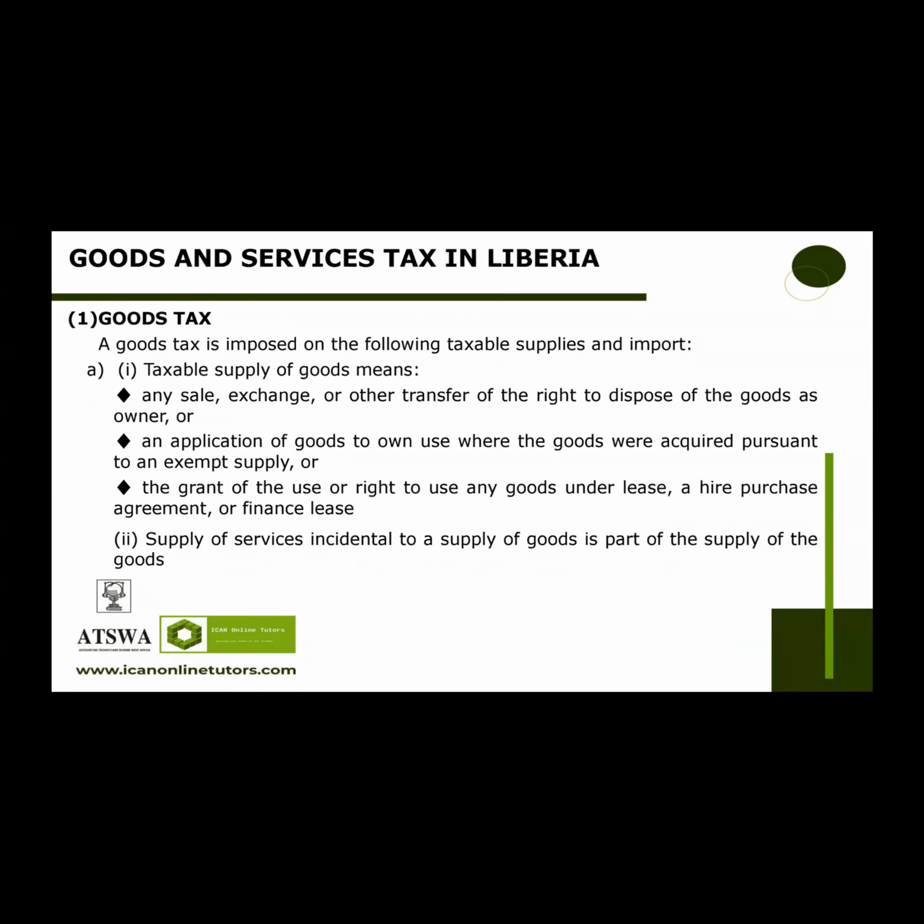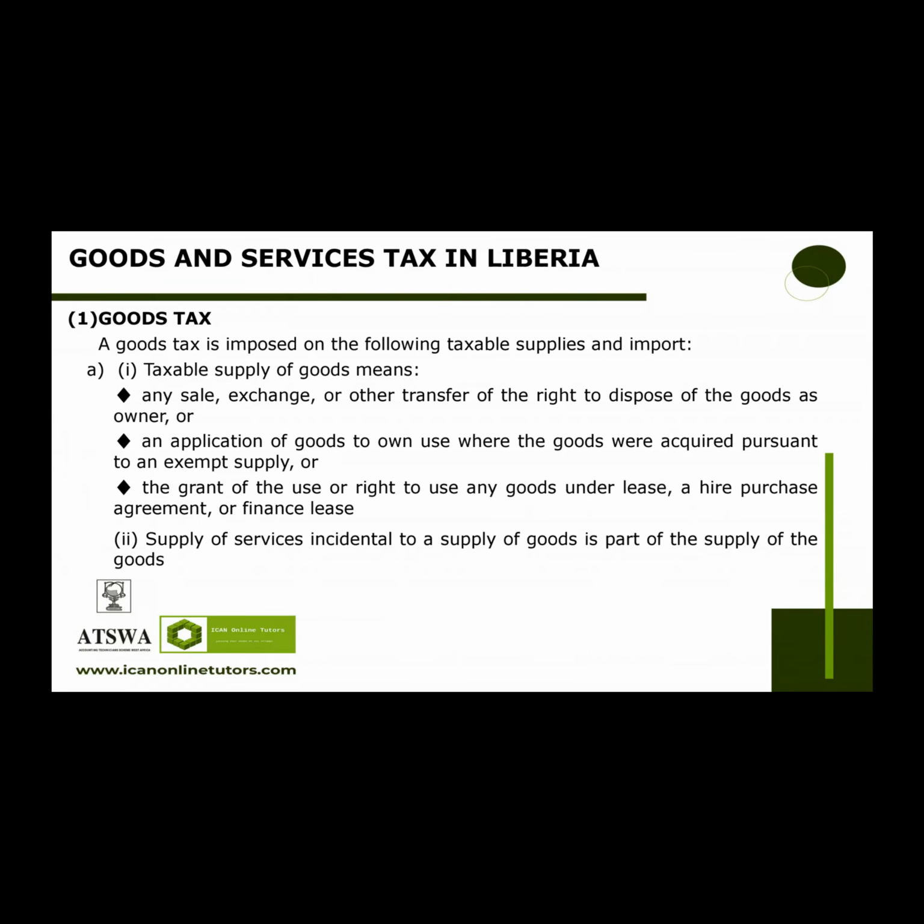Are we together? Okay. Now let's look at the goods and services tax in Liberia. Okay, one, we have the goods tax. A goods tax is imposed on the following taxable supplies and imports. Okay, so we have taxable supply of goods.